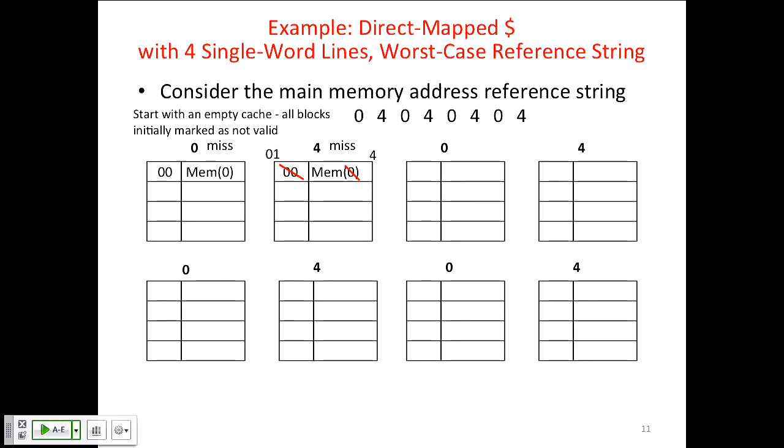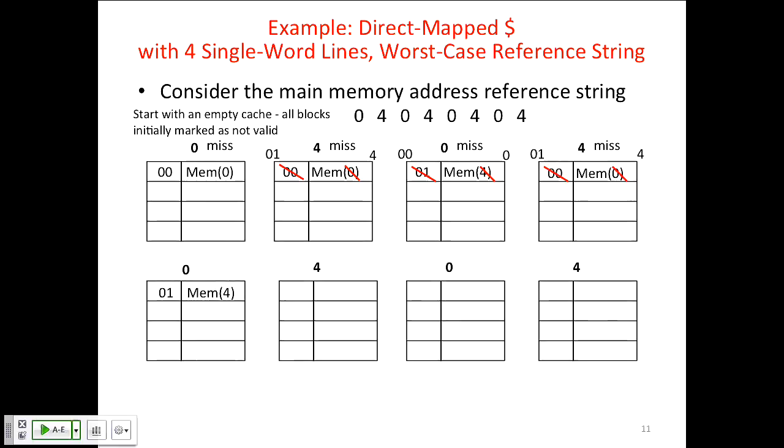This now writes in 4. Then you come back and do 0, and 0 looks in the same set, same entry, and finds that this doesn't hold 0. I need to kick that out. So I get a miss, and I write 0 in there, and so on.